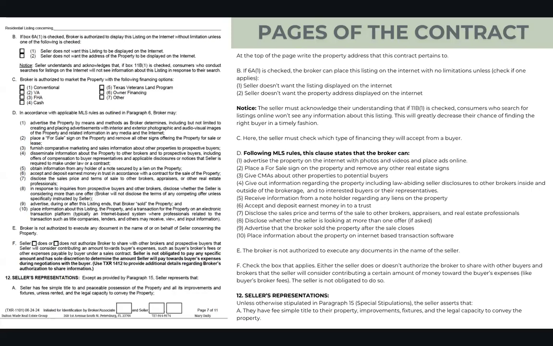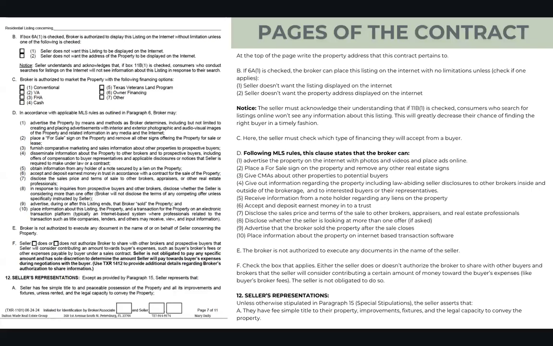Receive information from a note holder regarding any liens, accept and deposit earnest money to a trust, disclose the sales price and terms of the sale to other brokers, appraisers, and real estate professionals, disclose whether the seller is looking at more than one offer if asked, advertise that the broker sold the property after the sale closes, place information about the property on the internet based on transaction or internet-based transaction software. So things like CRMs and Dotloop, Skyslope, etc.